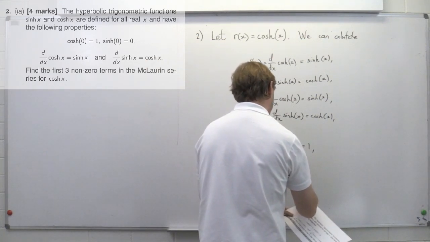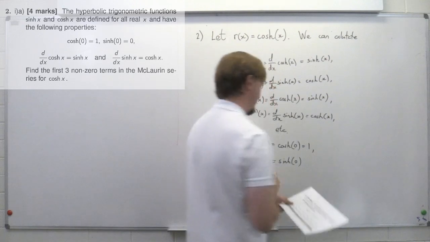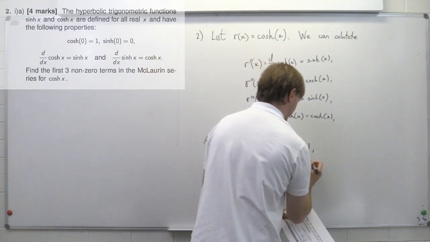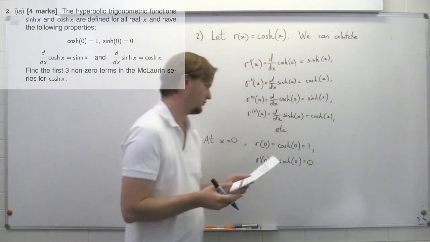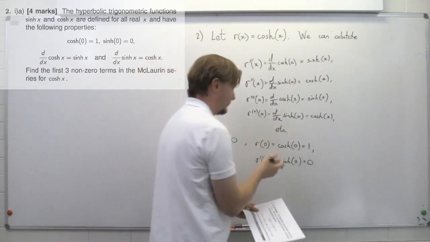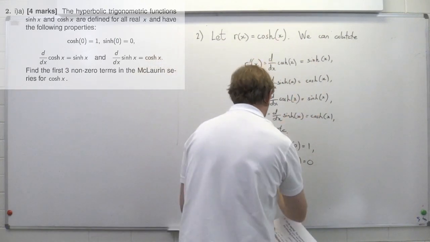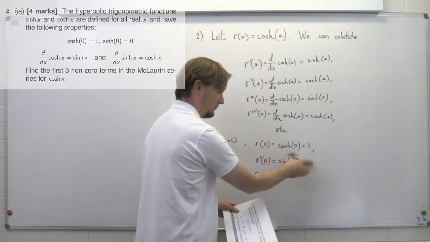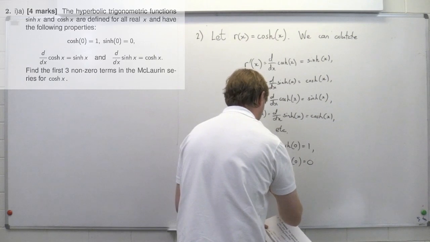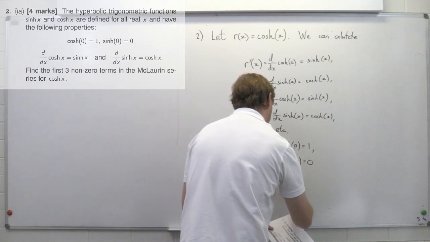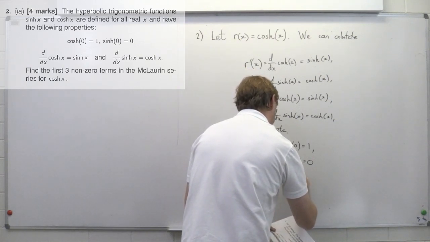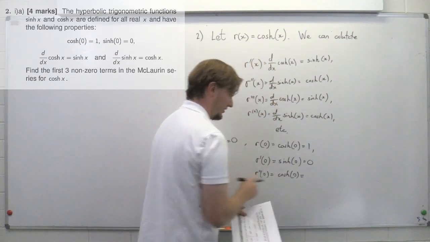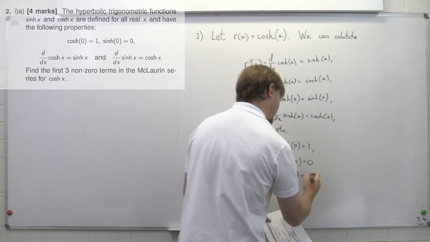So the first derivative is going to be the hyperbolic sine at 0, and just like the regular sine, it actually starts with value 0. And of course, this pattern will just continue. So I can see, if I'm going to look at the expansion, I only have 1 non-zero term so far. I'll need to get a few more. So second derivative is nice. It is just the hyperbolic cosine at 0, which is 1.